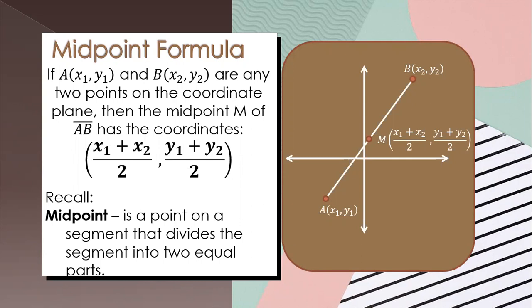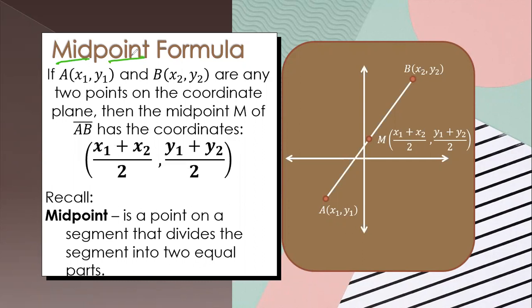Next, let us have the midpoint formula. When we're talking about the midpoint formula, it deals with the term mid, which means middle, and point, which means there is a middle point between that segment or between these given points.